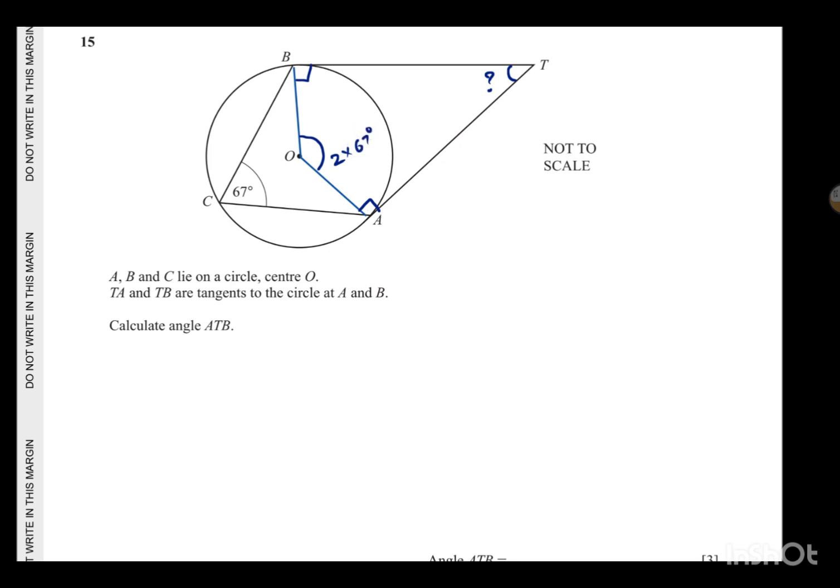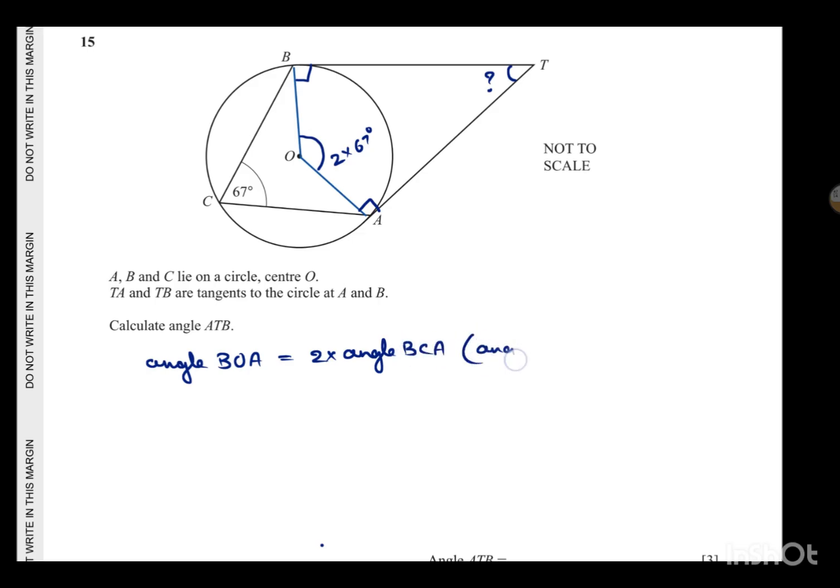So now first of all we'll mention all these things. Angle BOA, okay, we can write BOA is equal to 2 into angle BCA. Why?